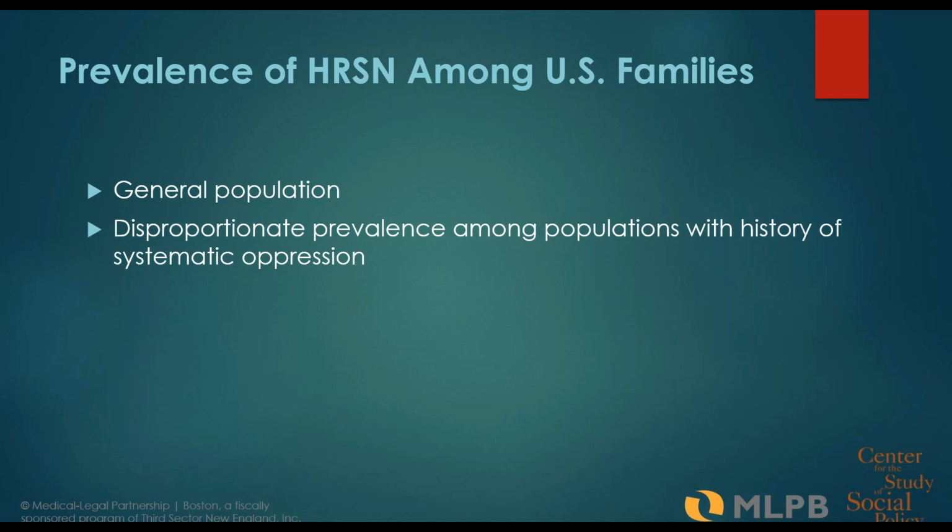So when we think about our process of achieving health equity for all children in society and all families, we really have to look at the disproportionate prevalence of health-related social needs among racial and ethnic minority children and families, as well as among families of lower socioeconomic status.